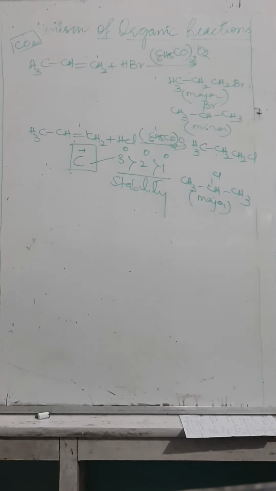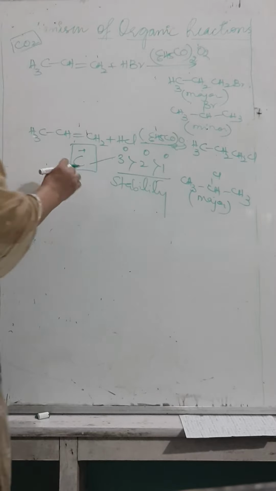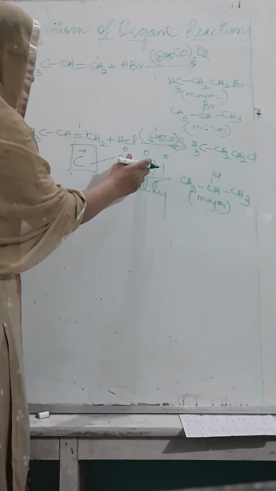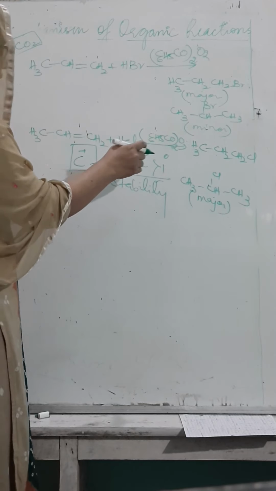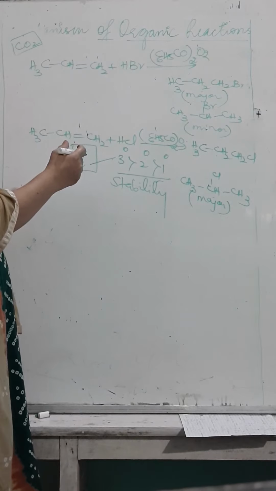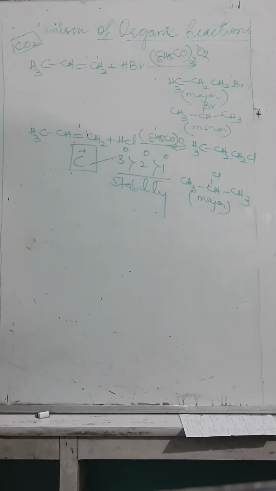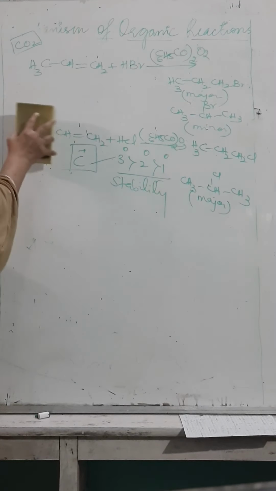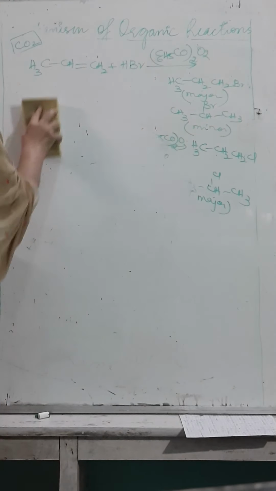Now let us see some examples where, during the reaction, a primary carbocation may be converted to secondary, if possible, by hydride shifting or methyl shifting. First let us see 1,2 hydride shifting.